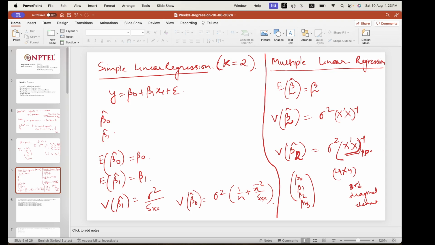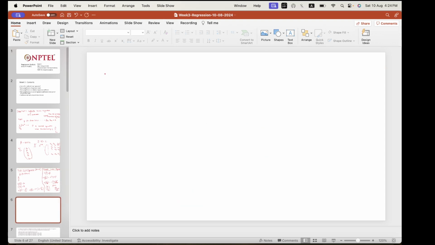So after learning these expectation and variance, we also learned some formulas. For example, how do we calculate SS residuals? SS residuals is y minus x beta hat transpose y minus x beta hat.